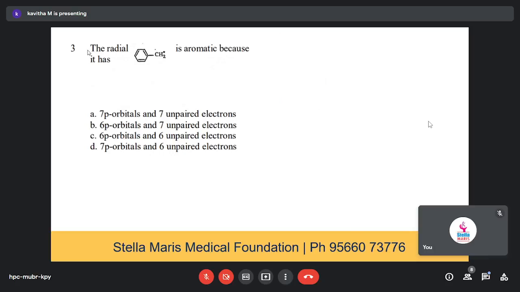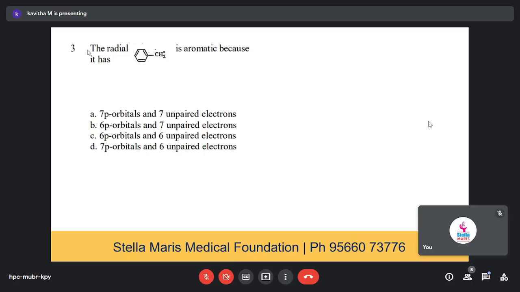The next one is the radical. This is the benzyl radical, C6H5CH2 dot. It is aromatic because of how many p orbitals there are and how many unpaired electrons there are in all the six carbons. 6 p orbitals and 6 unpaired electrons.